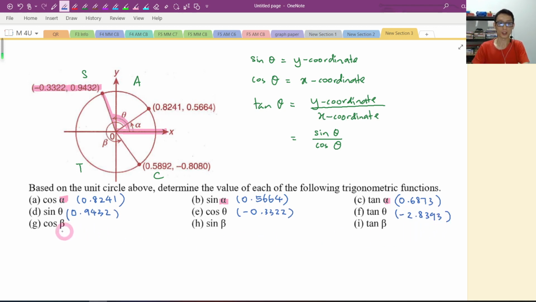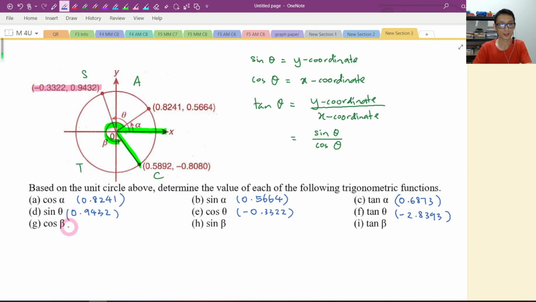Now let's go to the last one, beta. So the angle beta is from here all the way to here, fourth quadrant. So alpha is first quadrant, theta second quadrant, and this beta fourth quadrant.